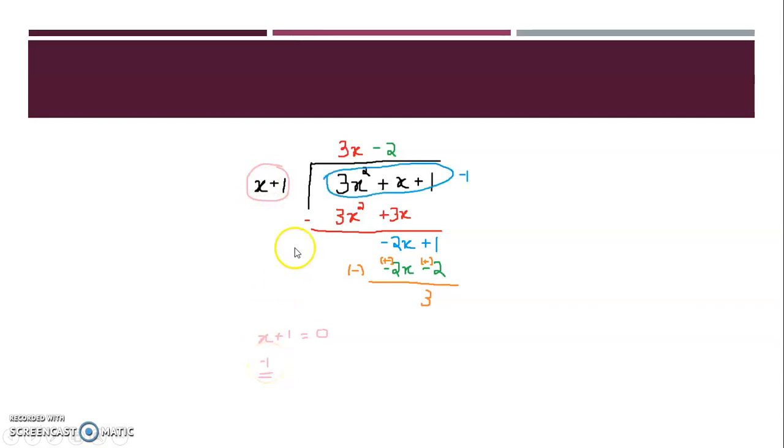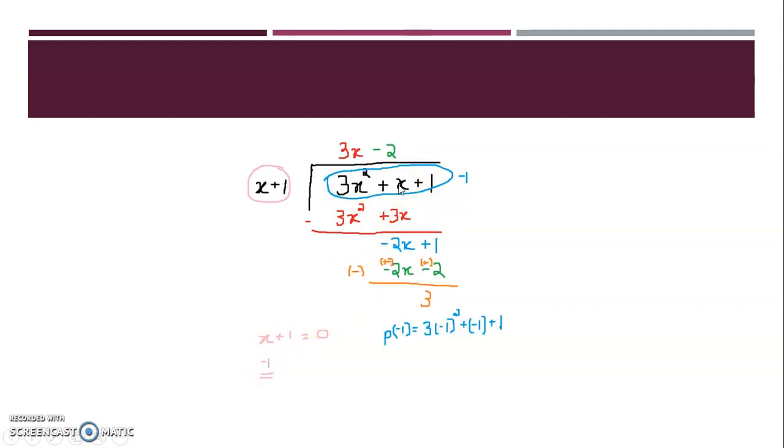Okay, so now consider the dividend, which is 3x square plus x plus 1. What happens when we substitute this value, that is x equal to minus 1, in the dividend? For p of x equals 3x square plus x plus 1, we find p of minus 1.